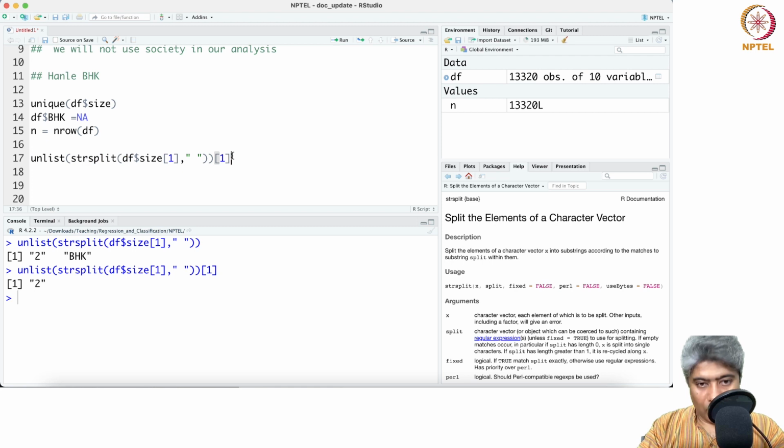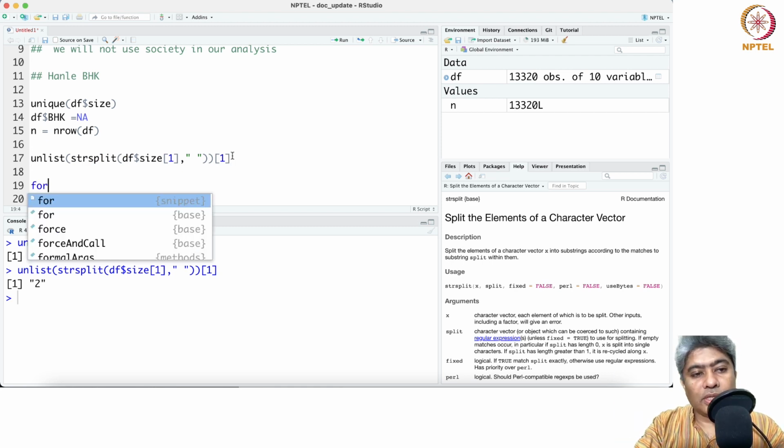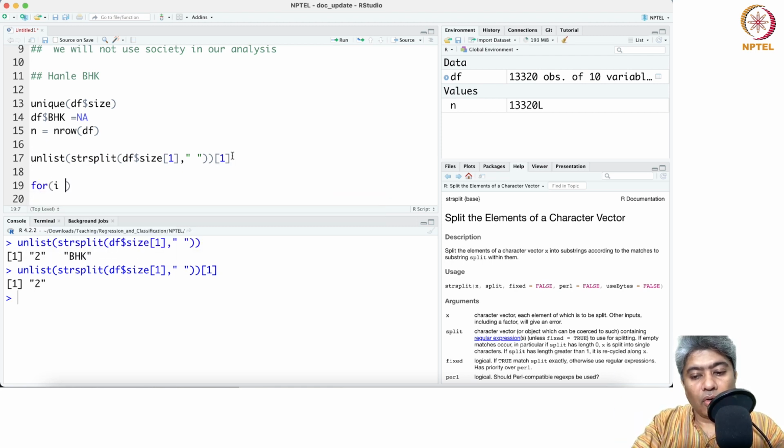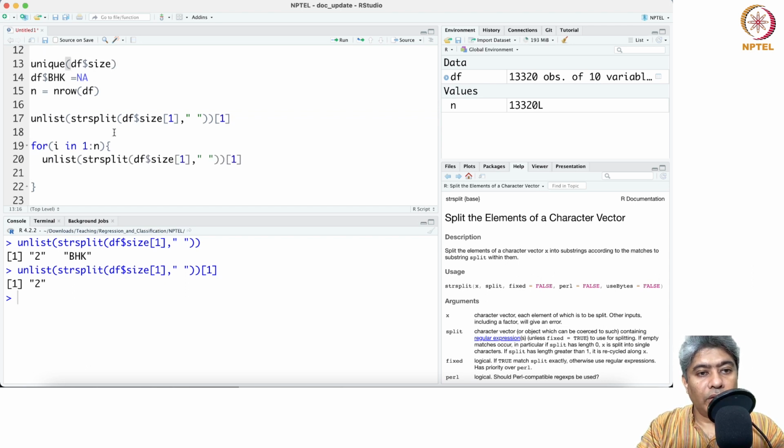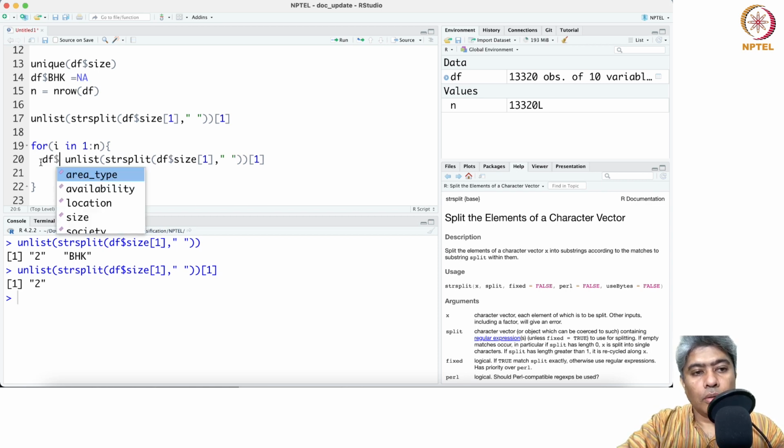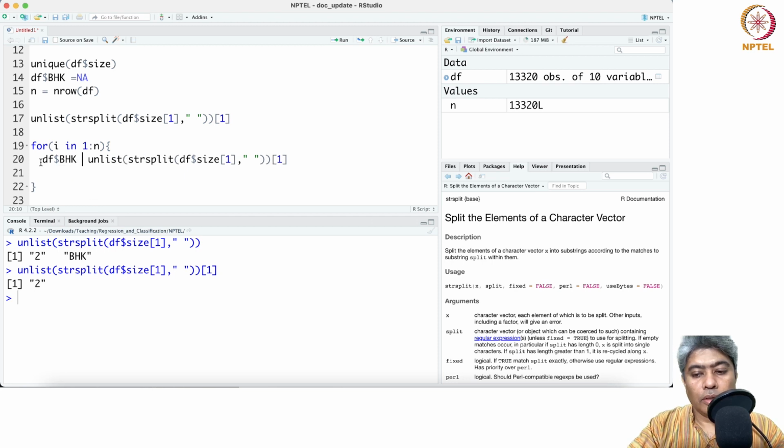Now I'm going to run this line over all the cases, from 1 to n, with unlist, and assign it to df dollar BHK on the ith cell, taking the first component.